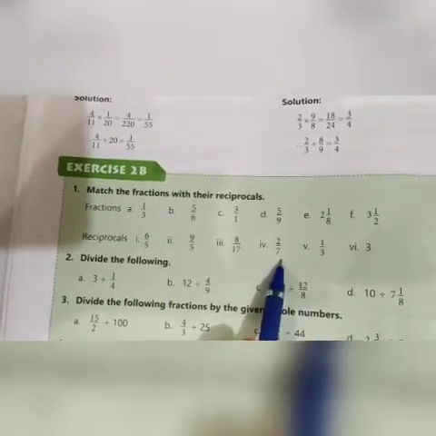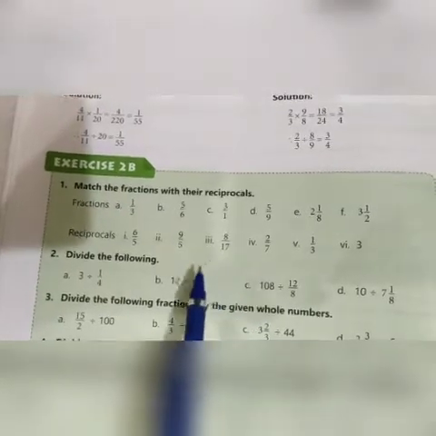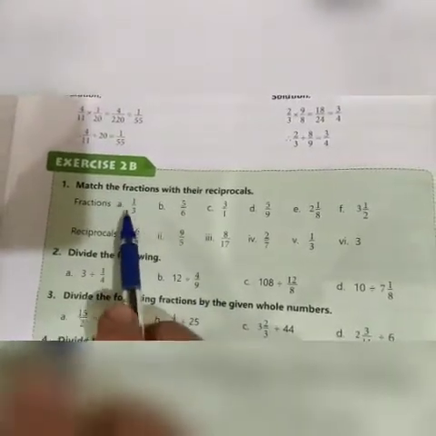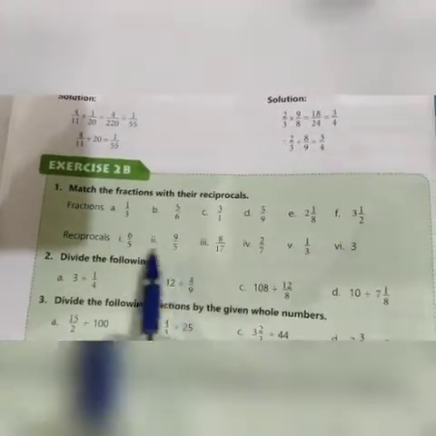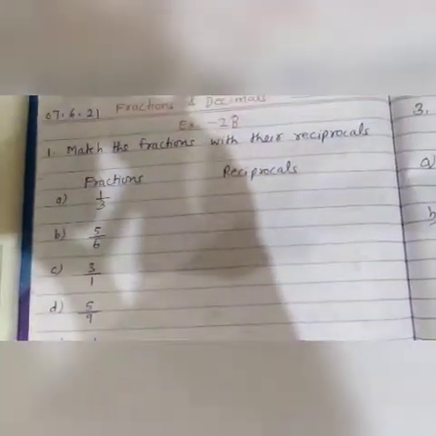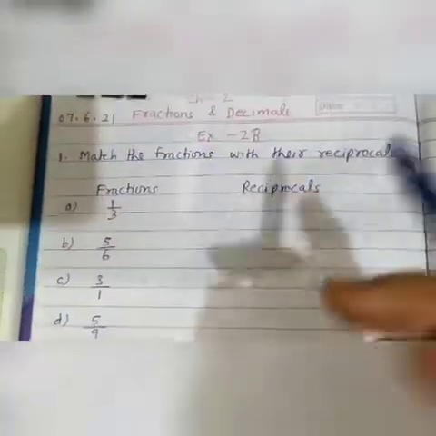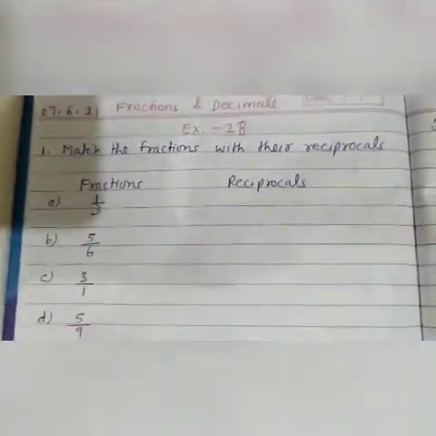We have to write the reciprocal of the given fraction. So first I have written these two rows, only first row in my register. See here, first question I have written like this: match the fractions with their reciprocals.